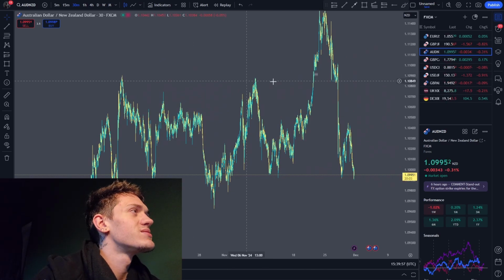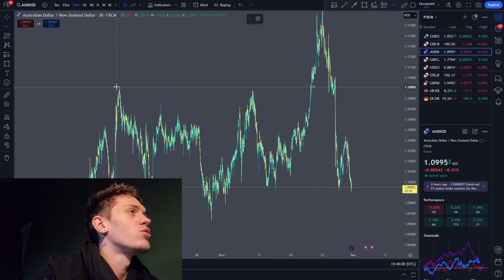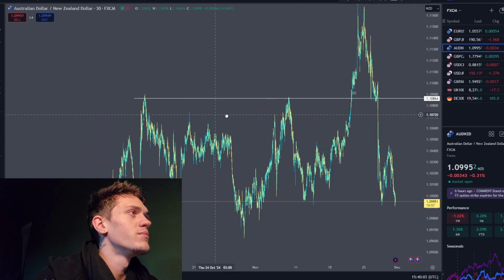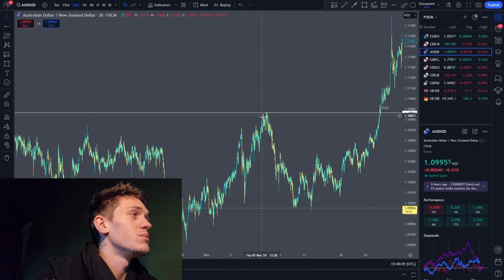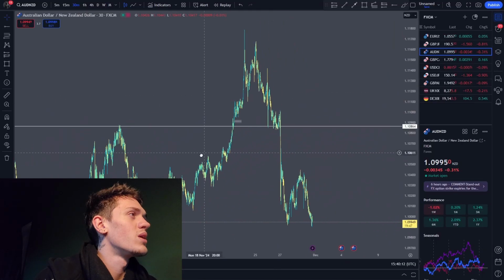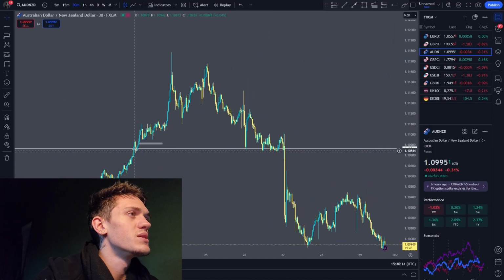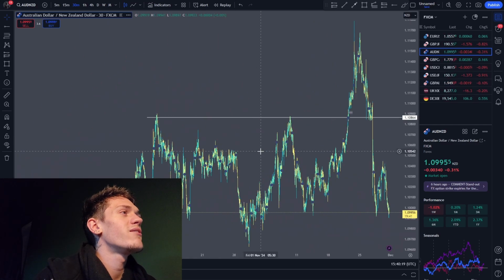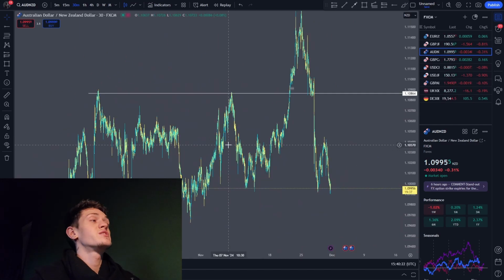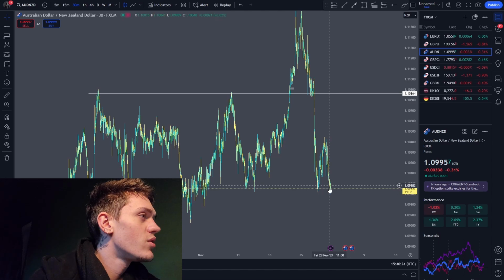I'd say this is a key area up here. If I draw a ray just here, we see initial taps here, and then it's kind of doing whatever. Then we see another tap here, and it's doing whatever. Once we break through, it's already a retest. Then we also get some bounces off here. So this is an area that could serve as take profit if we were to take buys currently.